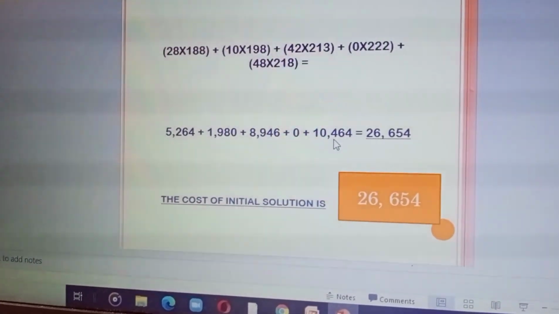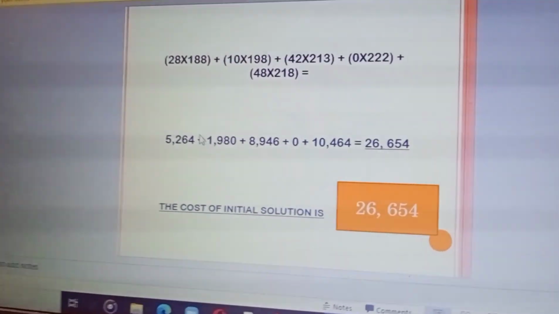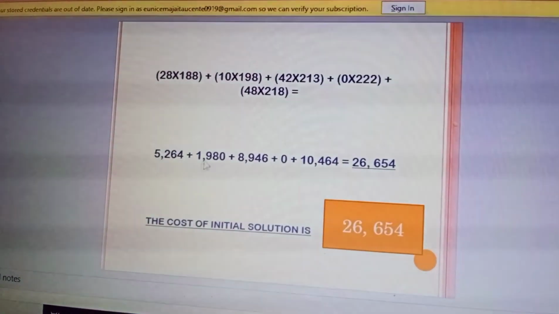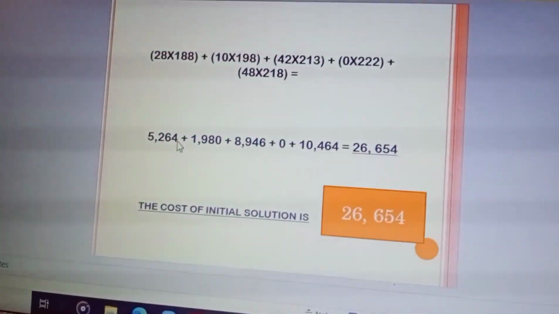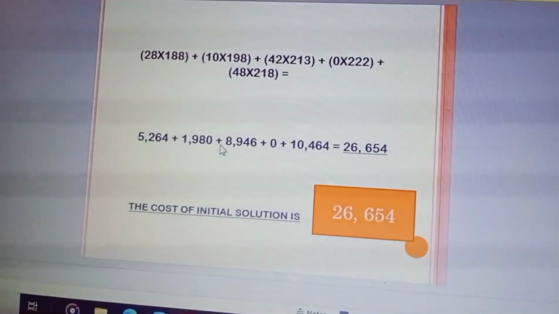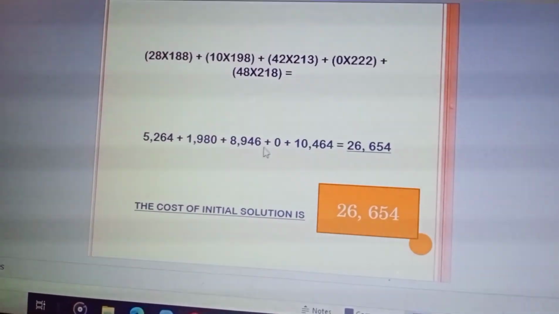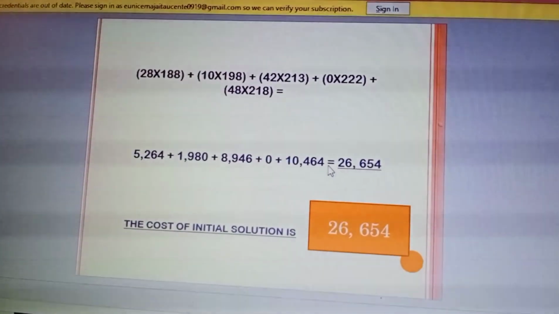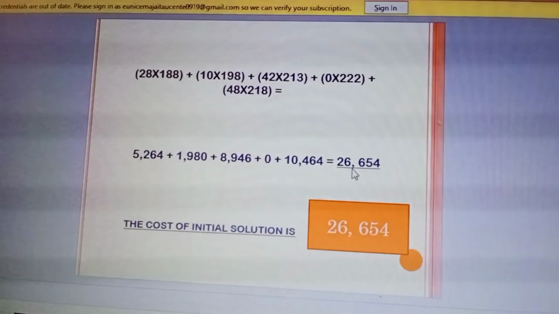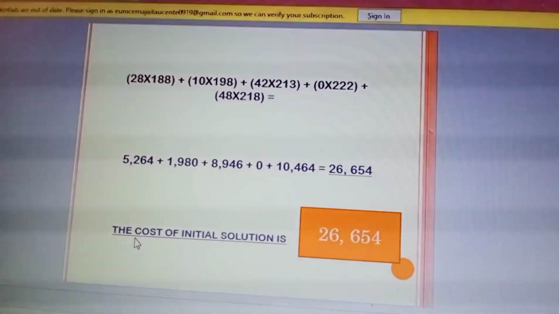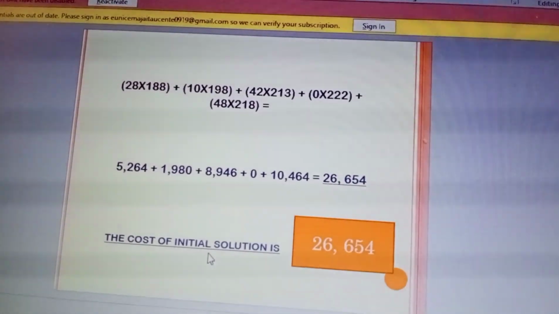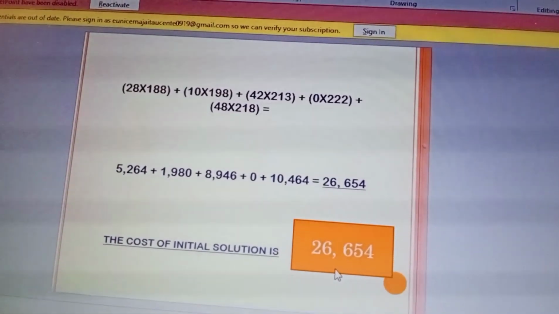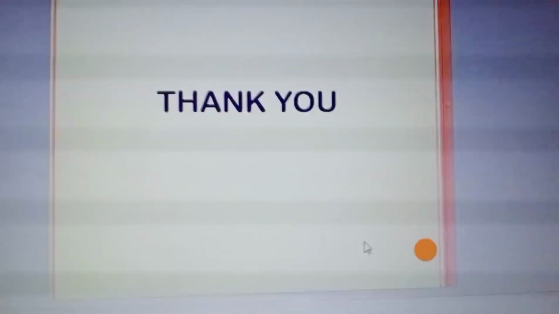That's why we got the answer of 10,464. So we add all of the answers that we get: 5,264 plus 1,980 plus 8,946 plus 0 plus 10,464. The answer is 26,654. So that's why we got the cost of the initial solution of 26,654. That's it. Thank you, ma'am, and God bless.